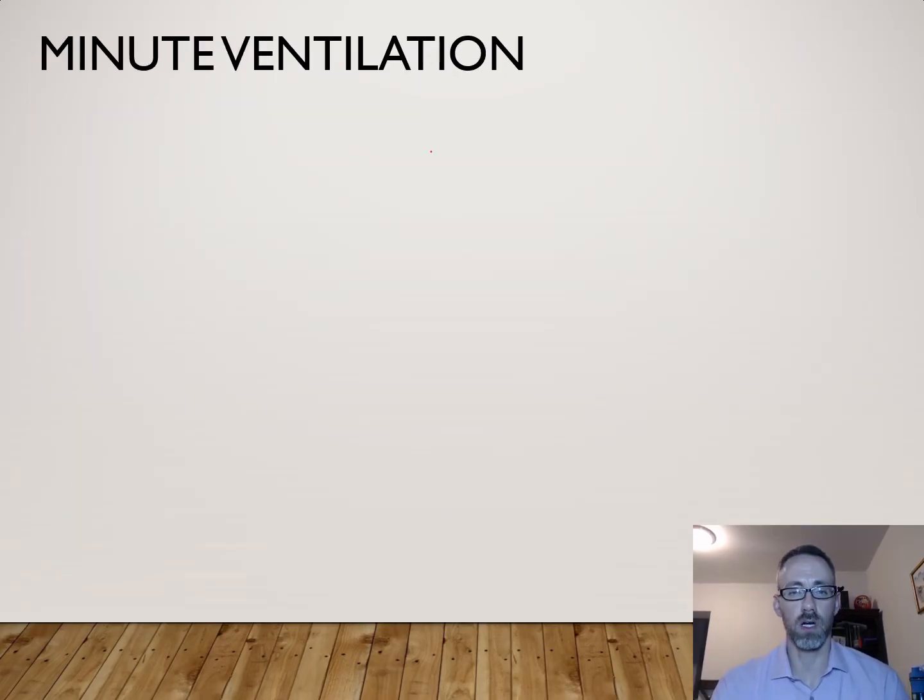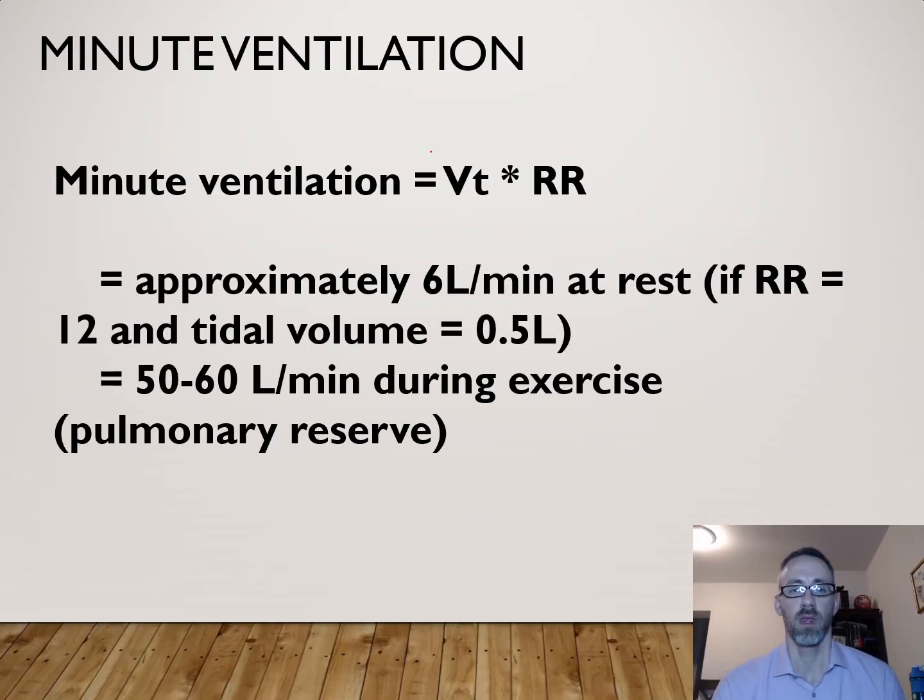Okay, so now I want to talk about minute ventilation. Minute ventilation is equal to the tidal volume times the respiratory rate. What this is actually telling us is the volume of air moving through the lungs every minute.